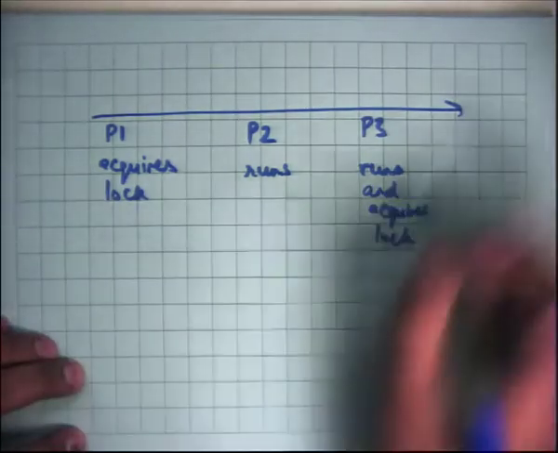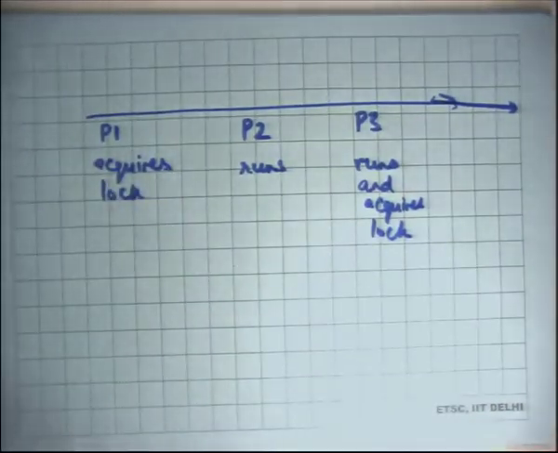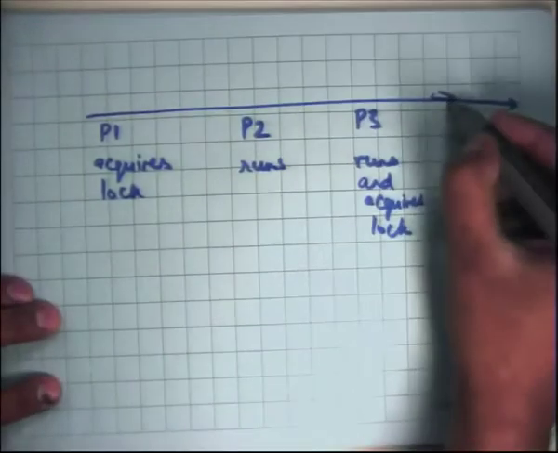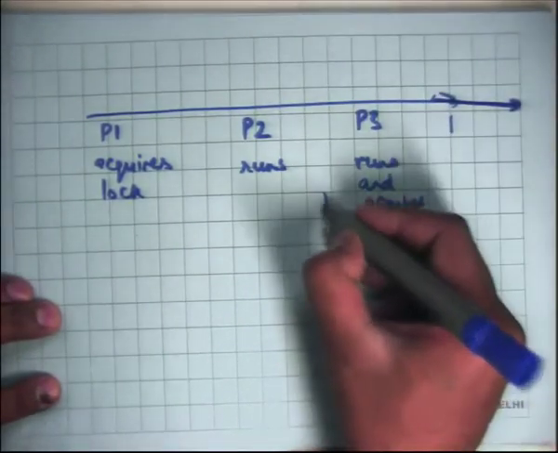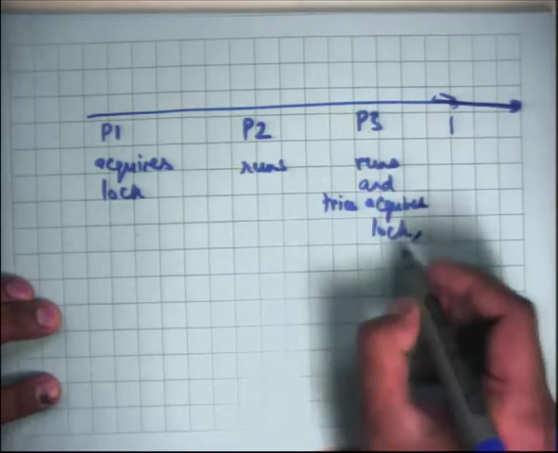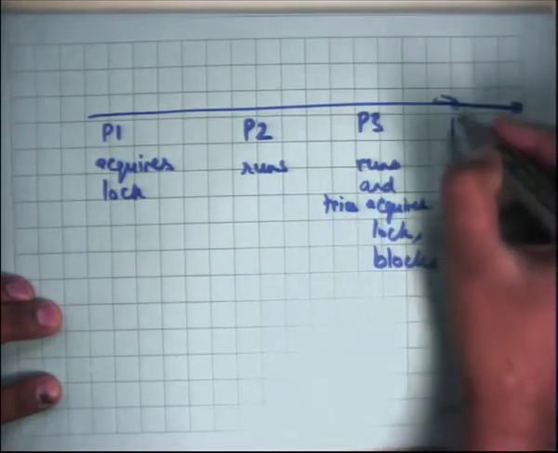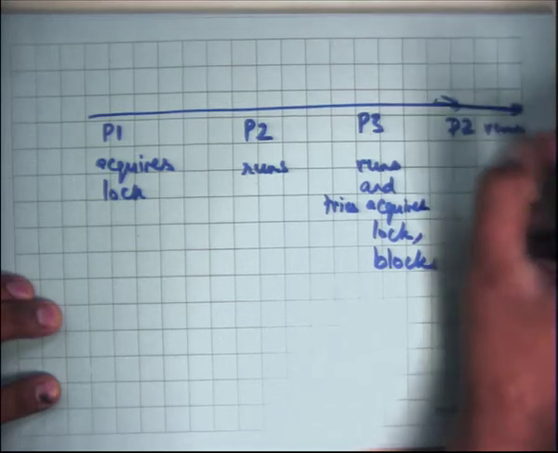All right. But now because the lock is already held by P1, P3 will have to block, let's say it's a blocking lock. So P3 tries to acquire the lock and blocks, and so P2 keeps running.